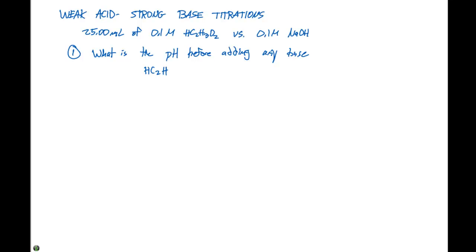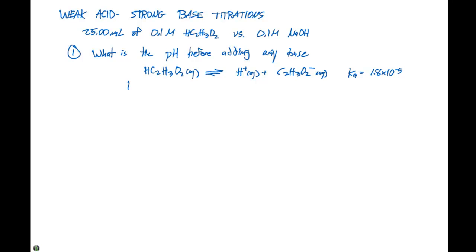And remember that when we have a weak acid, it's going to be in equilibrium with H plus and C2H3O2 minus. And the Ka for this particular expression is going to be 1.8 times 10 to the minus 5.